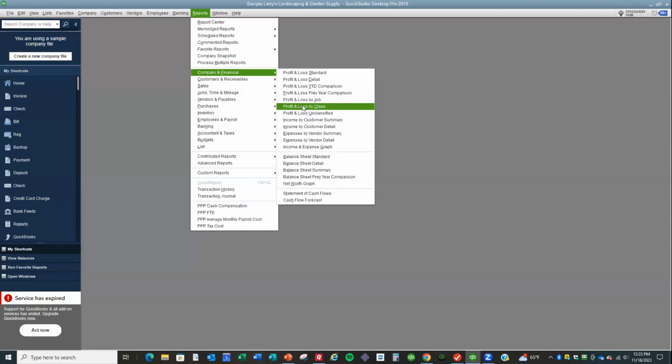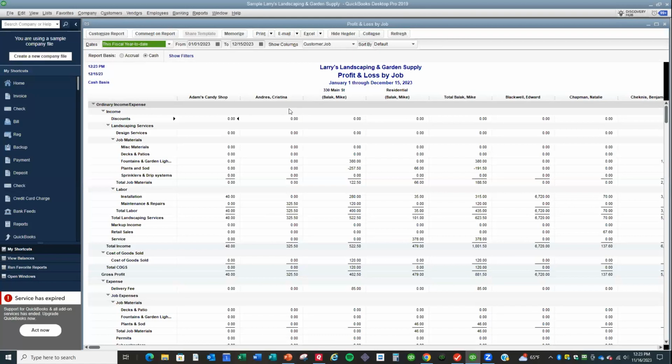Let's see if they have jobs in here. Yeah, they do. Now, if you are a contractor or a builder, there is a contractor's version of this, which gives an extensive array of contractor-specific reports.